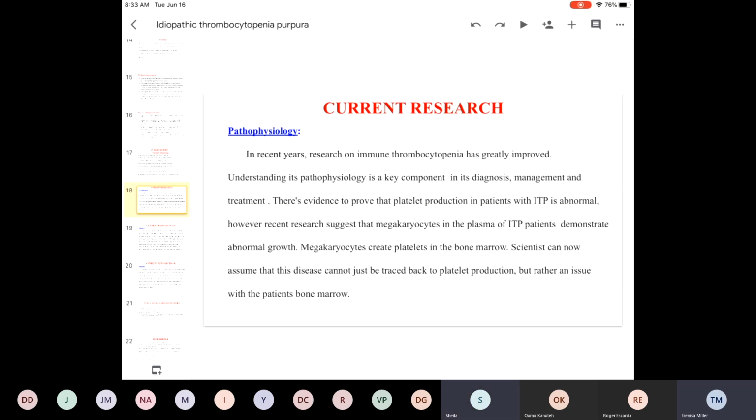However, recent research suggests that megakaryocytes in the plasma of ITP patients demonstrate abnormal growth. Megakaryocytes create platelets in the bone marrow. Scientists cannot assume this disease can just be traced back to platelet production, but rather an issue with the patient's bone marrow.